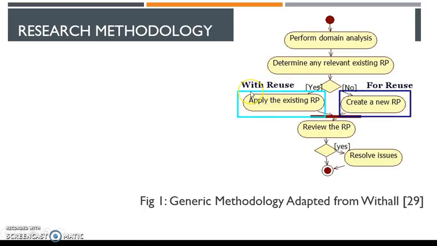That means we are in design with reuse, and we apply the existing requirements pattern. If not, we need to create a new requirements pattern. After that, we review all the requirements patterns that we have created and applied. If there is any problem with them, we need to resolve it. If not, then we complete the mission.